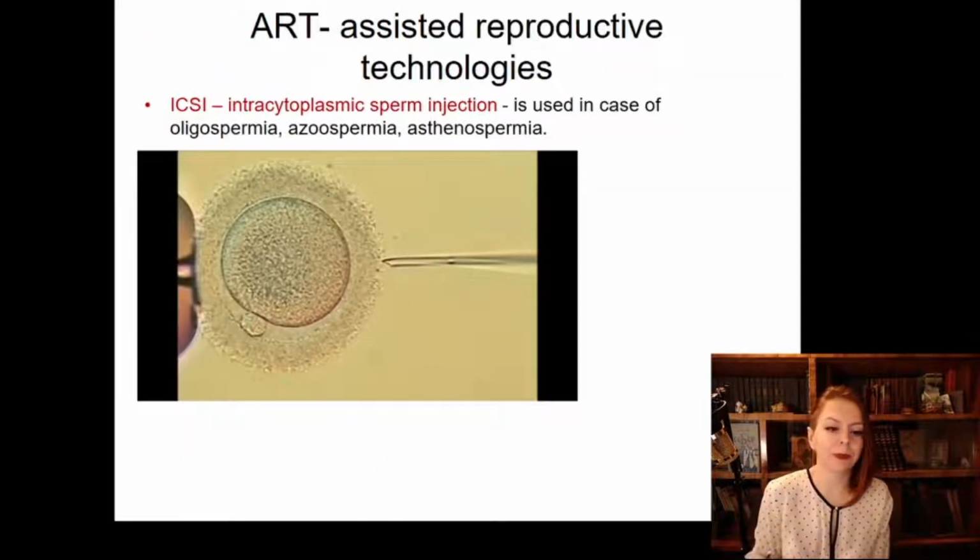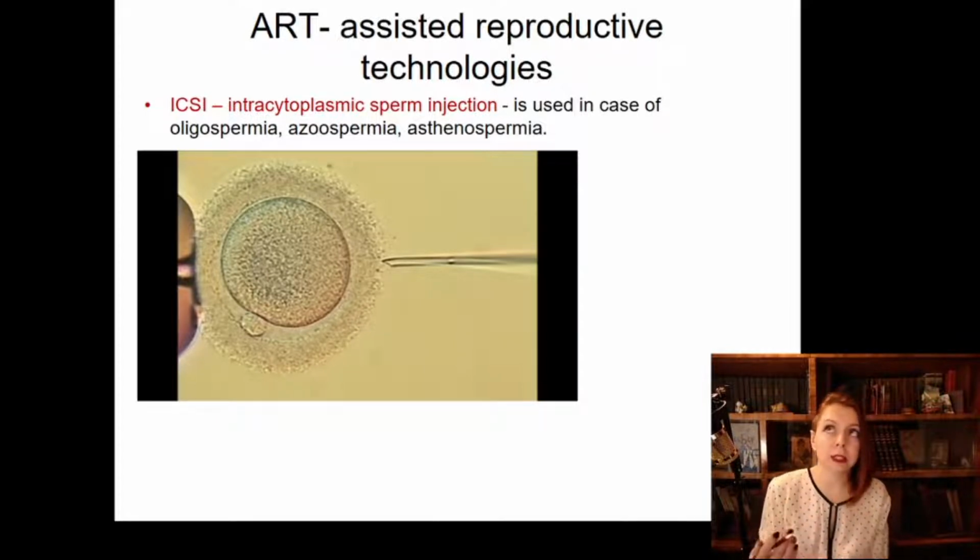Okay, let's move on. And as today we are going to talk about assisted reproductive technologies, we have to mention intracytoplasmic sperm injection. This procedure is used exactly in the case when inside the ejaculate there are only a few spermatozoa, or they are immotile, or there are a lot of abnormal spermatozoa there.